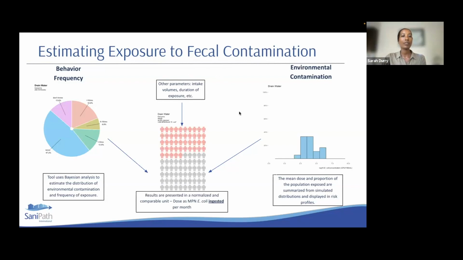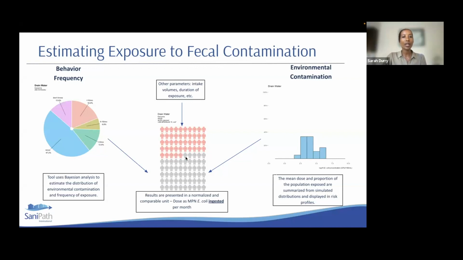And then we have the results, which are these people plots. So featured in the center, you can see that there are two components to this plot that I'll explain. So the first is the proportion of people that are exposed. And this is shown by the number of red figures.